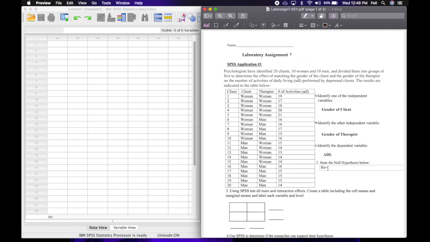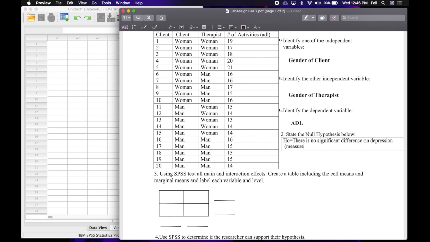So I would write the null hypothesis as there is no significant difference. There's no significant difference on depression, and then I'm just going to write measured by ADL, number of activities of daily living.